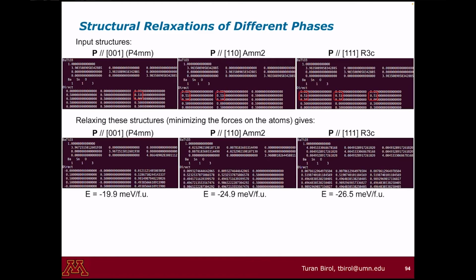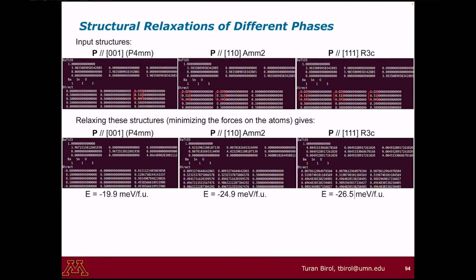And as I reduce the temperature around 0 Kelvin, the most likely candidate for the structural ground state is the one with the lowest energy, which turns out to be the experimental observation, this R3m structure.